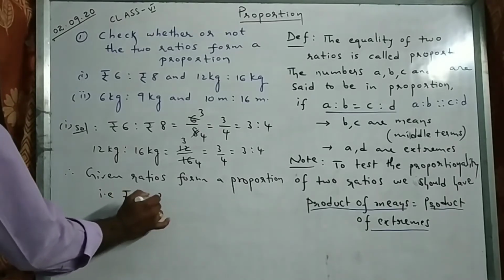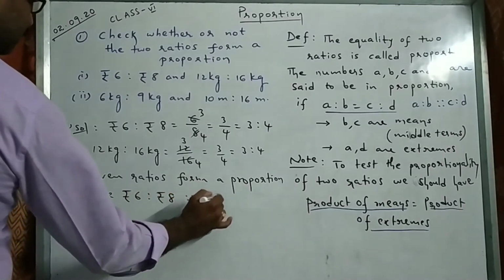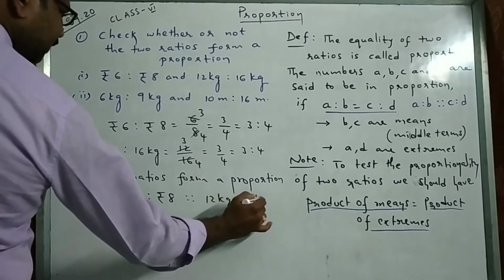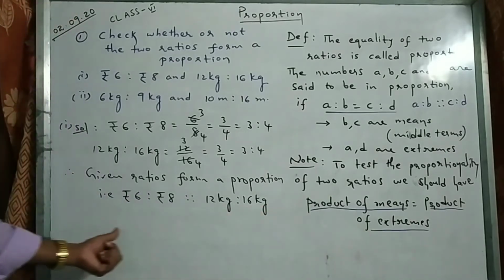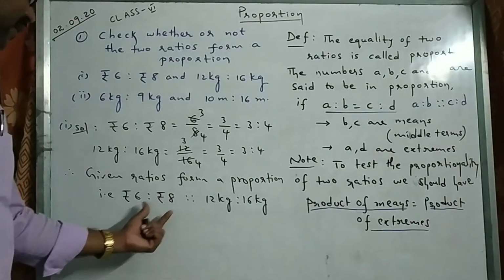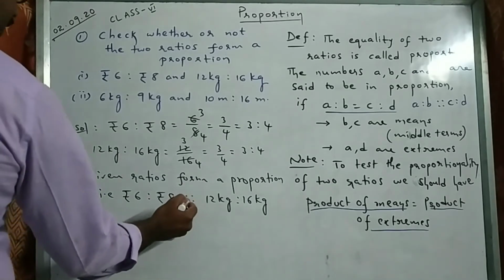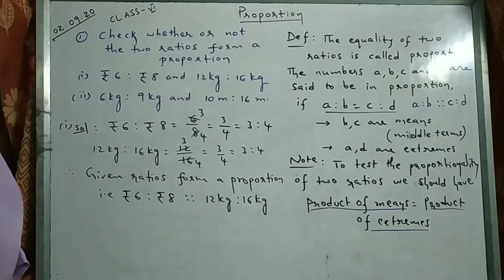Rupees 6 is to rupees 8 is as 12 kg is to 16 kg. Clear? So we can write as per the definition here. I wrote "is as" instead of "is equal to". Also you can write, no problem. Okay?